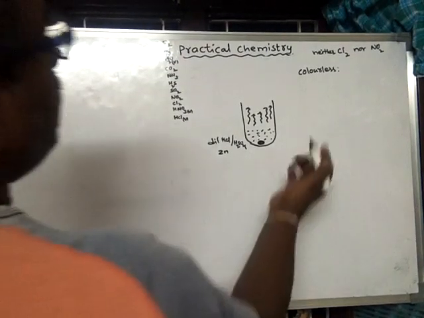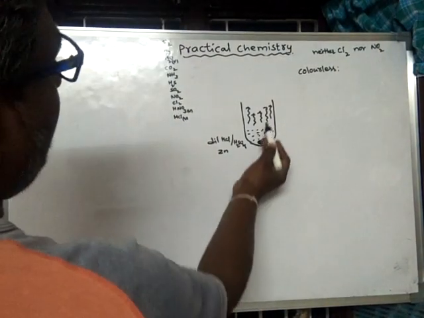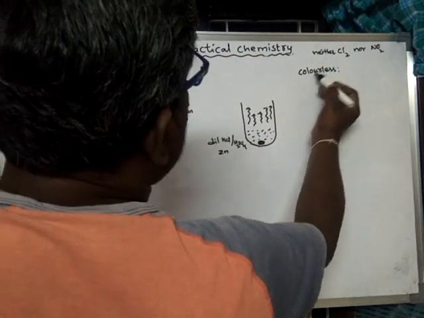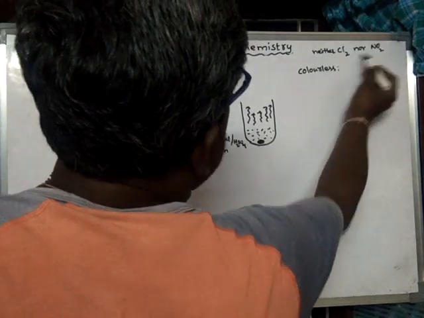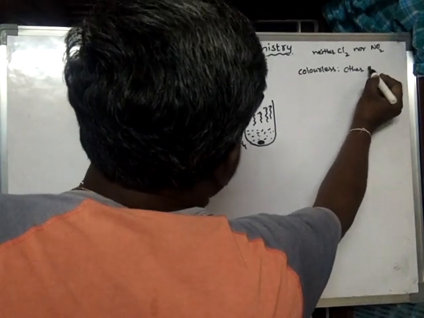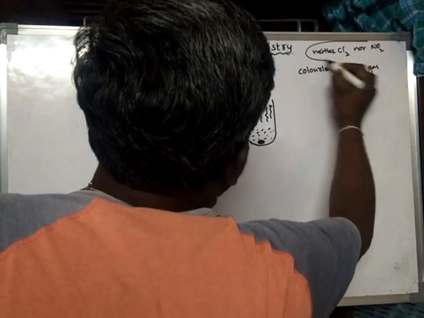So these two are colored gases, but here the evolved gas is colorless. It is some other gas than these two.